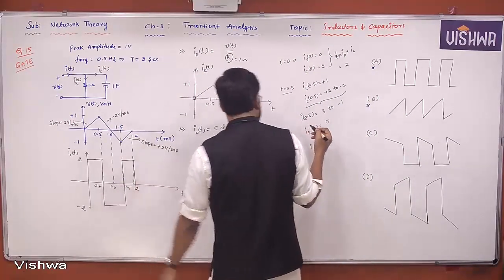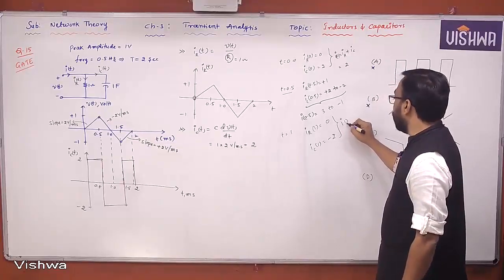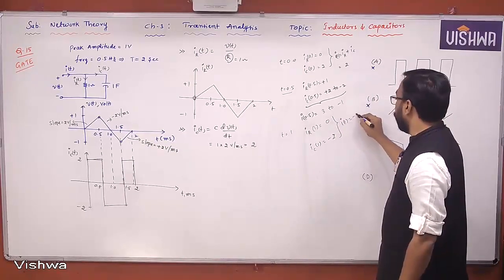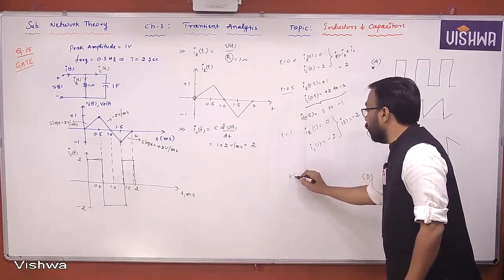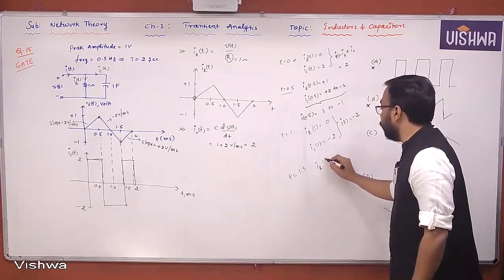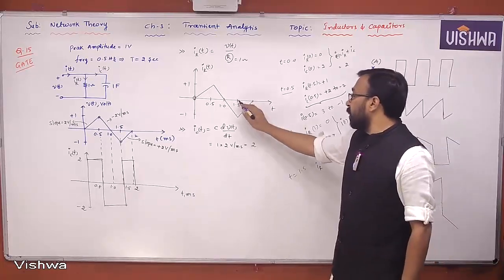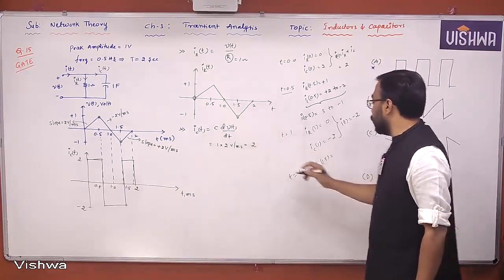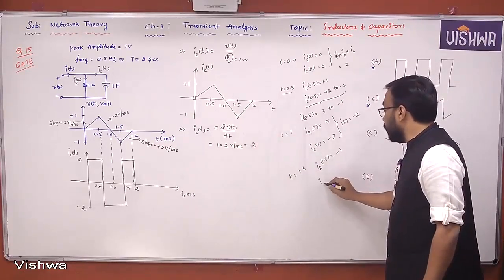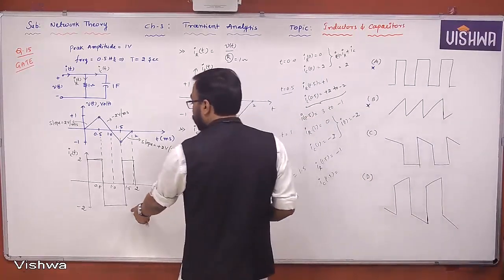Already you got -2. So what do you get? I of 1 here is -2 only. Now t equal to 1.5, then what do you get? IR of 1.5, what can you tell me here? IR of 1.5 is how much? -1. And IC of 1.5 is changing from -2 to +2.